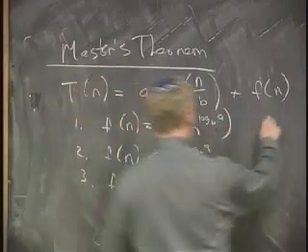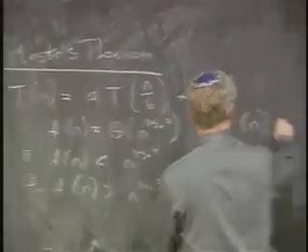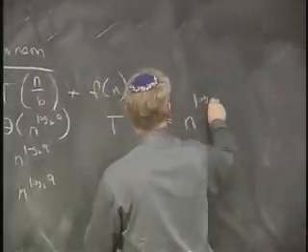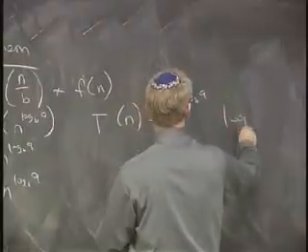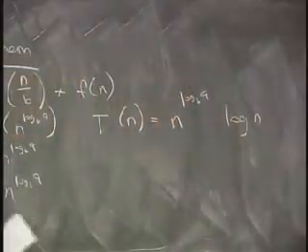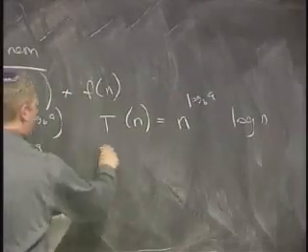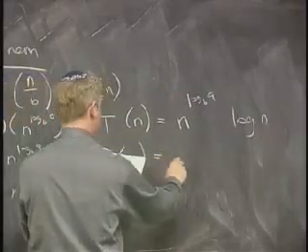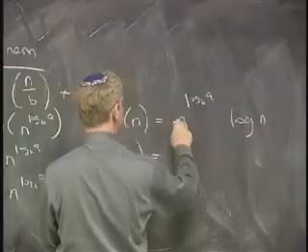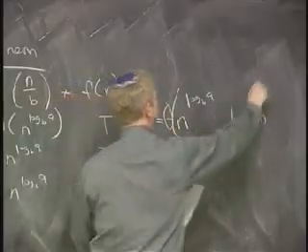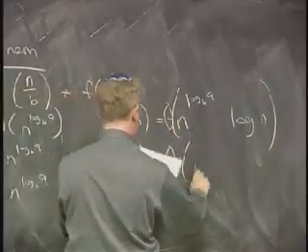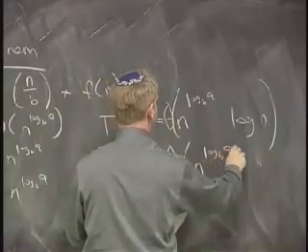In this case, the overall complexity is n to the log b a times log n. That's like the first example I did today, where you get that extra log n factor. In this case, it's just plain, I should write big theta, n to the log b a.